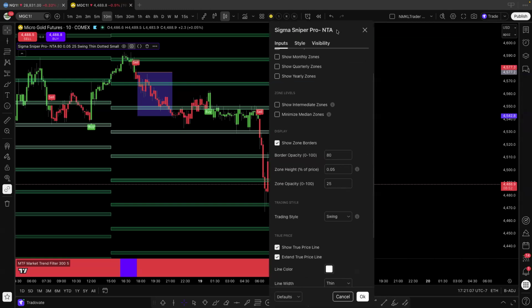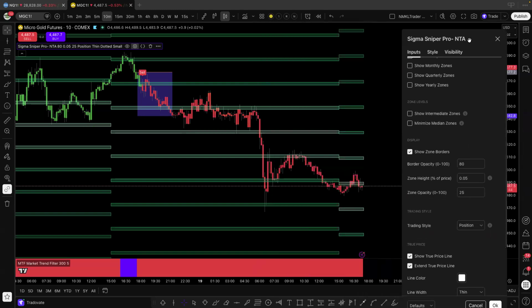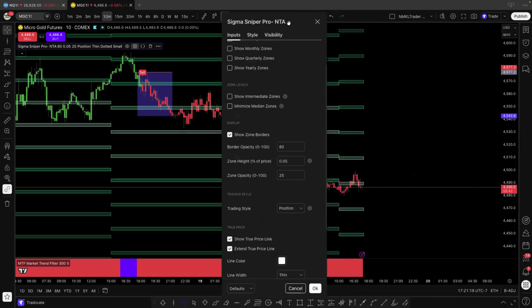And then even for position trading, you're going to see that it's even longer. And then I would probably also turn up my filter a little bit higher for position trading.